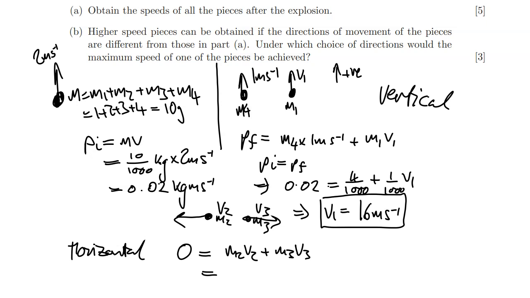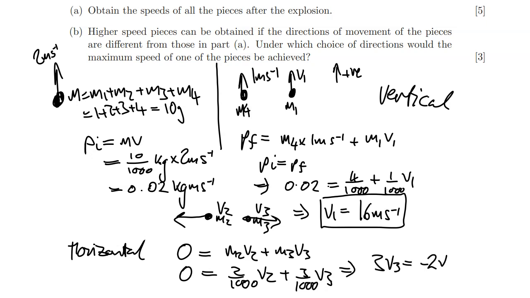Subbing in the masses, we have 2 over 1000 v2 plus 3 over 1000 v3 equals 0, and this gives that 3 lots of v3 equal minus 2 lots of v2. So that's one equation that we've created that relates v2 and v3.